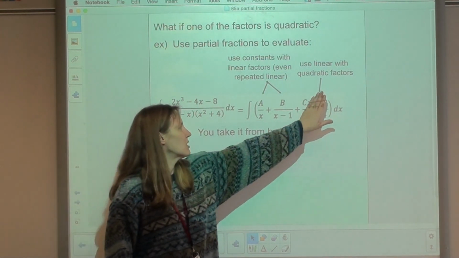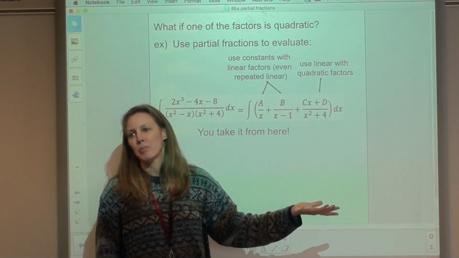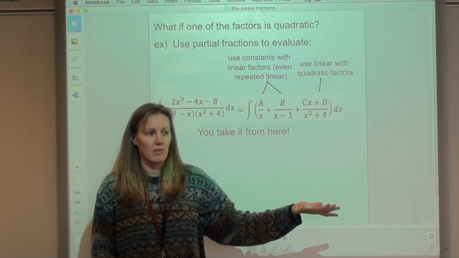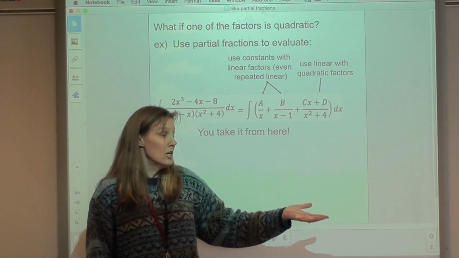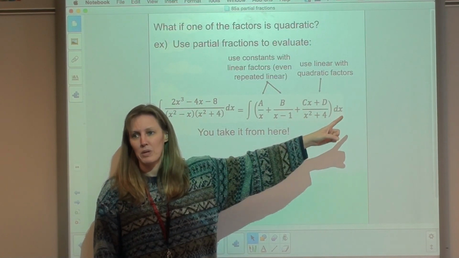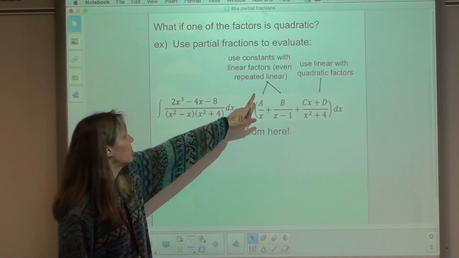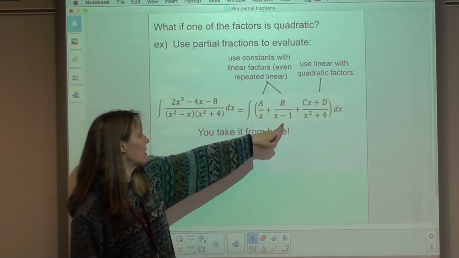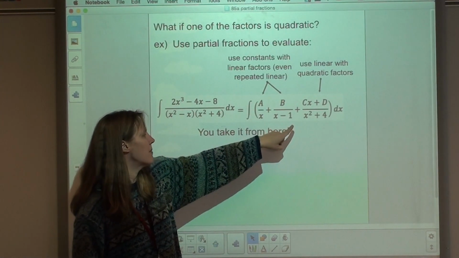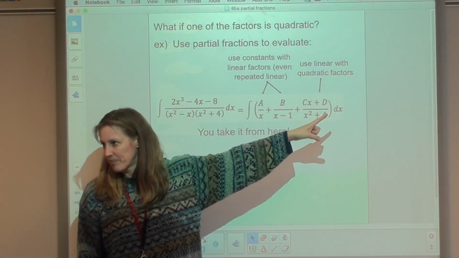They wanted to just have cx with no plus d. But there has to be a plus d, because you can't assume that the y-intercept of the line is 0. It could be anything. So you treat it just like any other linear equation: ax plus b, in this case cx plus d. For your linears, remember, any linear factors get constants on top. Quadratic factors get linear equations on top.